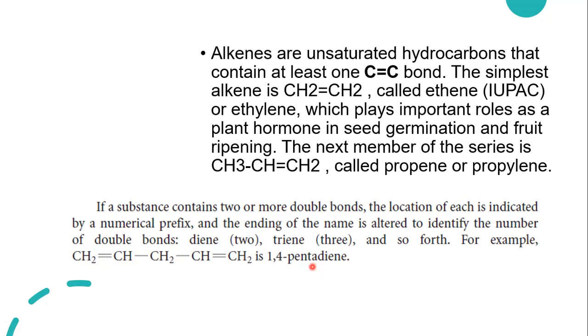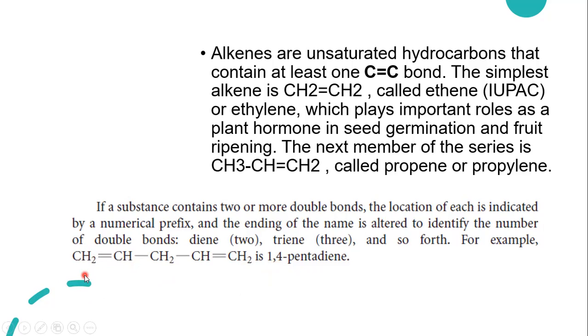Now, where do the 1 and 4 come from? This numerical prefix indicates where we find the double bonds. Since the first double bond can be found in the first carbon, we have 1.